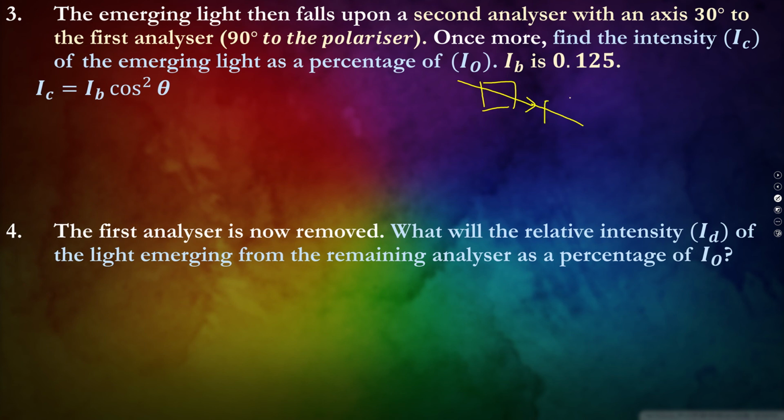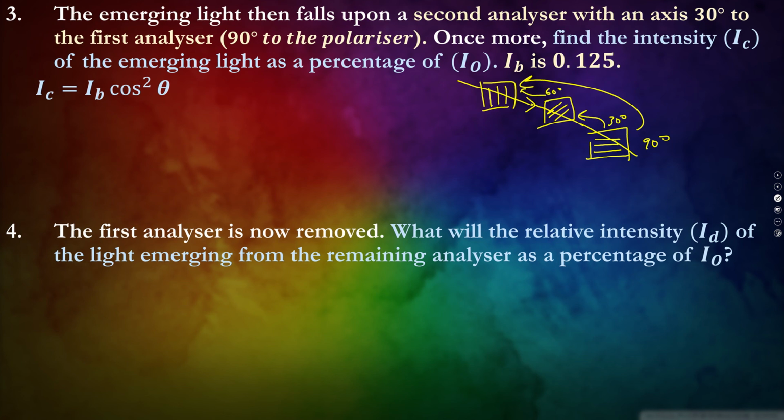We have our second analyzer here, and we have a third. So the third one is 90 degrees to the first one. So this can be horizontal, this can be vertical. But it is 30 degrees to the first analyzer. So we could imagine this to here is 30 degrees, which means this to here is about 60 degrees.